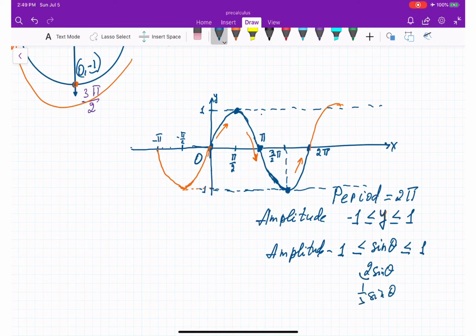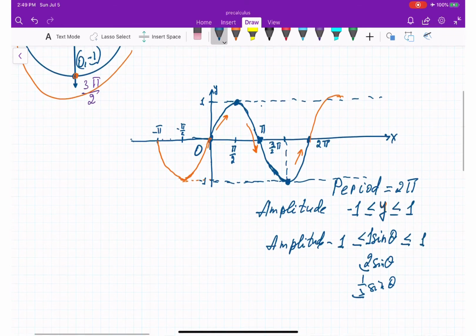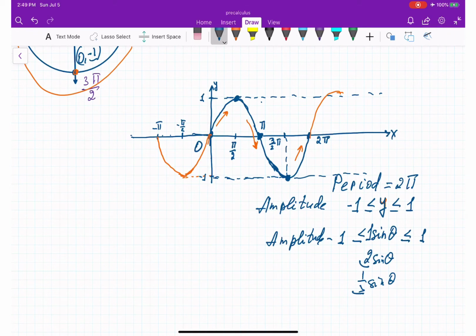That's your amplitude coefficient. By default we have amplitude 1, and it can change between -1 and +1 for the unit circle. We will discuss this much later. I'm just giving you some understanding.